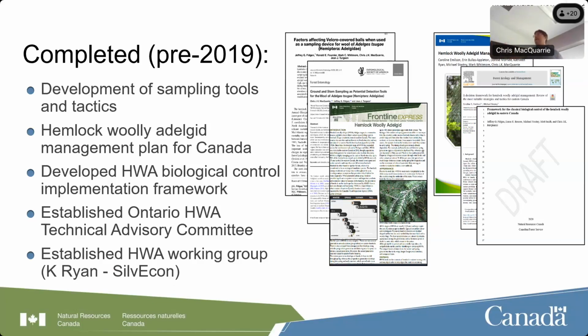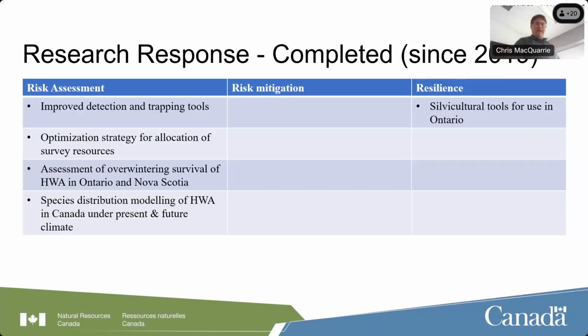We have this hemlock woolly adelgid technical advisory committee that we work with the Invasive Species Centre and Food Inspection Agency and MNR. And then Kathleen Ryan has had a hemlock woolly adelgid working group. And these last two are what's influenced our research direction, the questions they have had about what to do. So some of these products are a response to that.